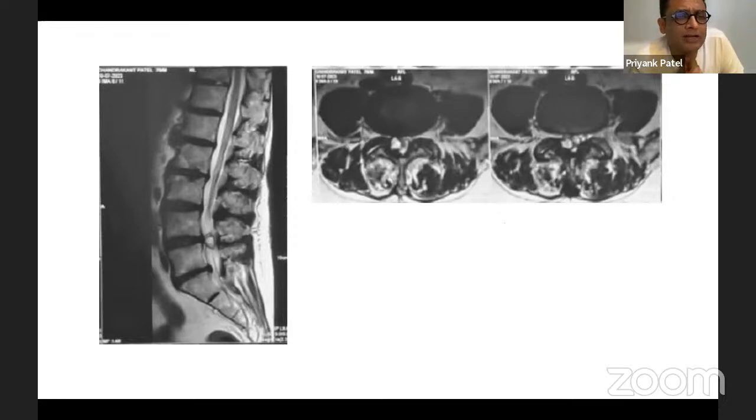Correct. So almost always these are CSF retention cysts, and almost always they don't require any kind of treatment because they are beyond the central canal. They are either intraosseous or in the paraspinal areas. Here you are seeing a cystic lesion in the dural space next to the facet joint. So the two differential diagnoses are either a facet cyst or an arachnoid cyst.